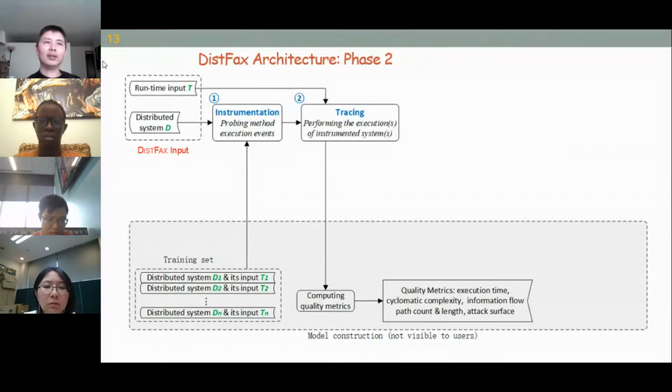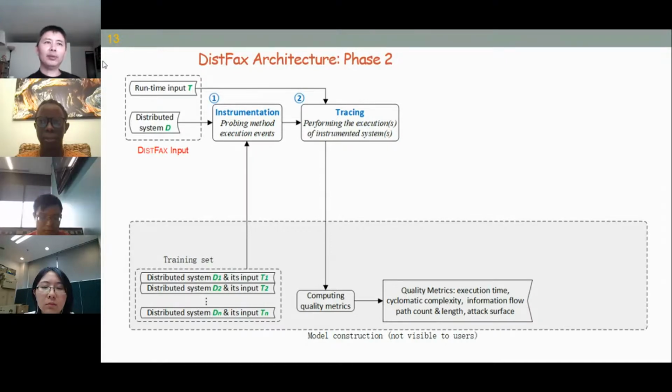After that, in the second phase, during the tracing, this fact performs the executions of the system. It traces and records execution events.